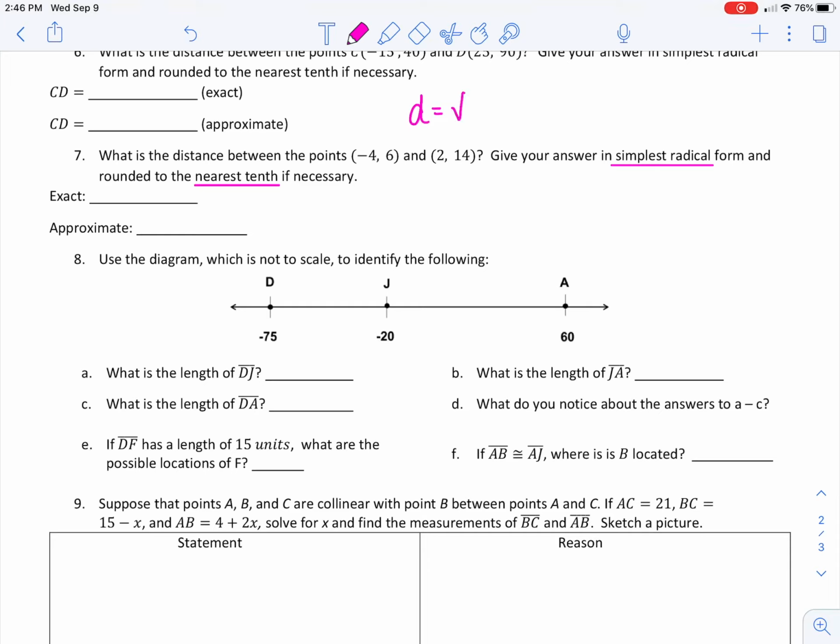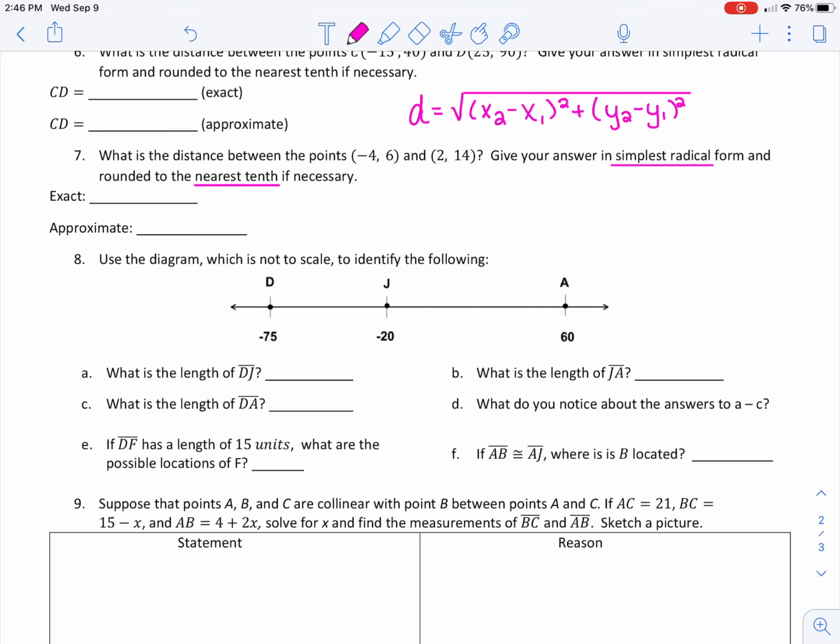And we want a big, long square root. We're going to say the square root of x2 minus x1 squared, that whole quantity squared, plus y2 minus y1, all that quantity squared. So that's our distance formula.